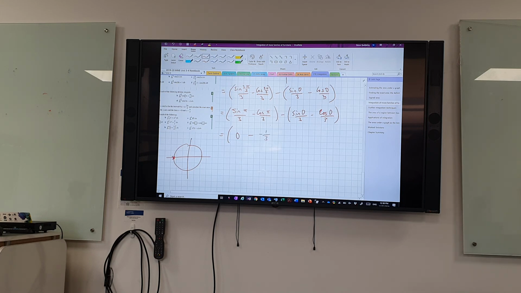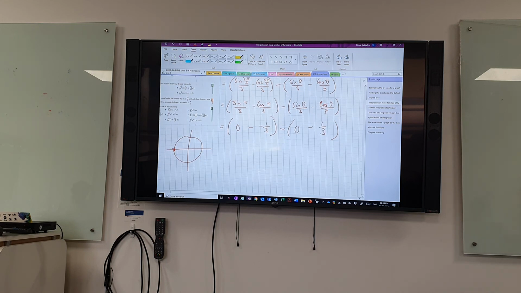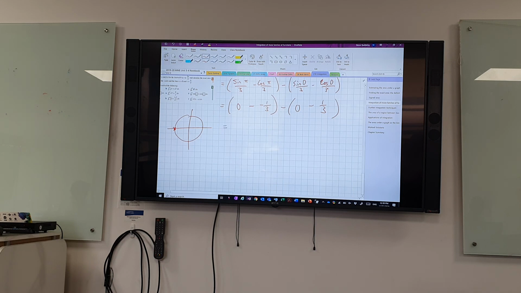You can stuff that one up. What's sine of 0? 0. Good. What's cos of 0? 1. Now see how this could get messy if you're not careful? Negative a third, negative a third is a third. A third plus a third is? 2 thirds.